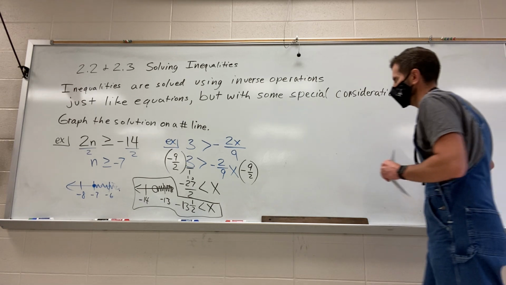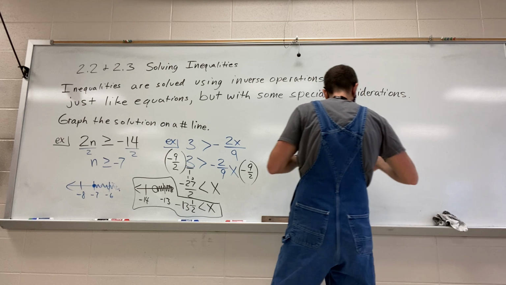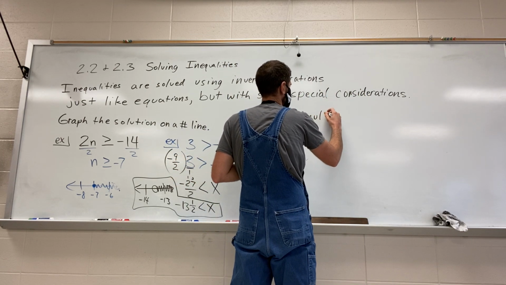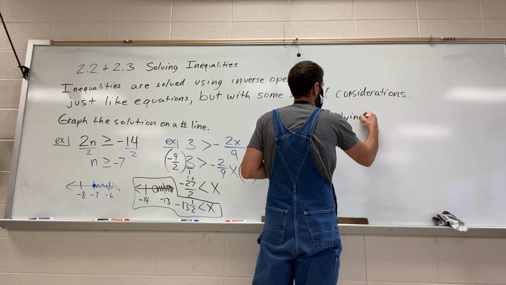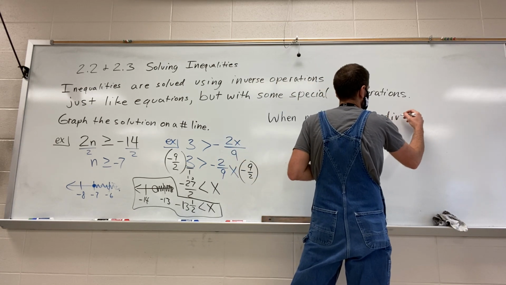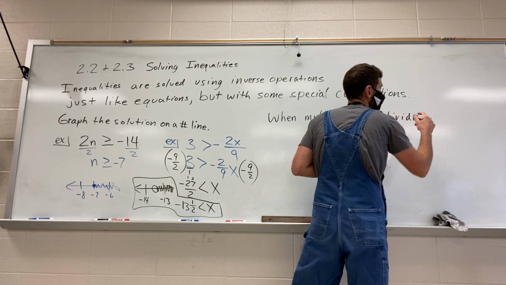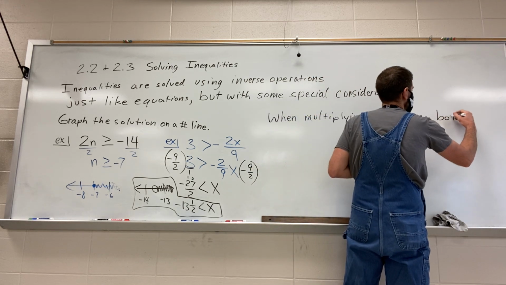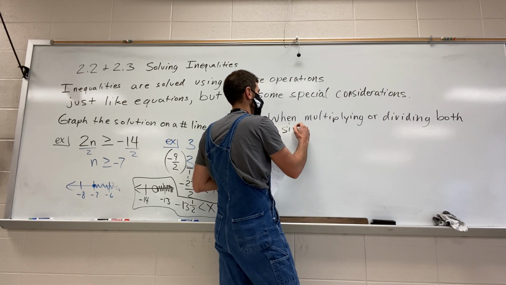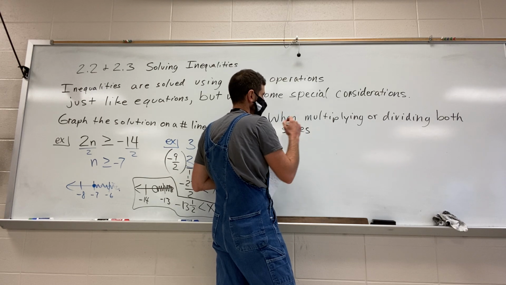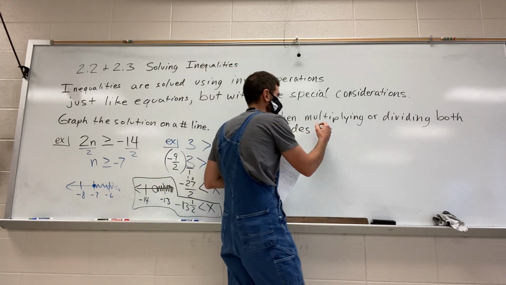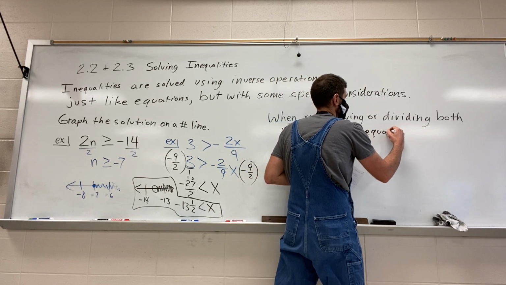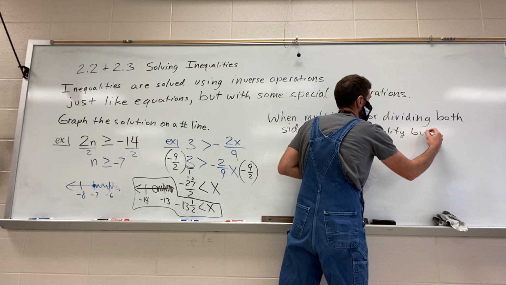All right, so for those of you that haven't written it down yet, please write it down. When multiplying or dividing both sides of an inequality by what kind of number?